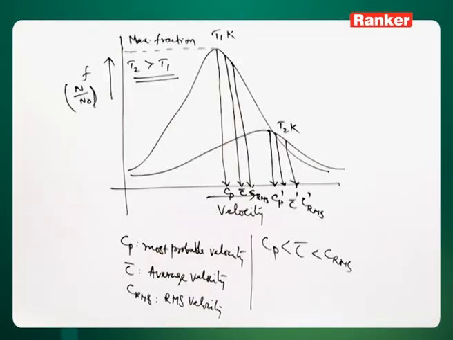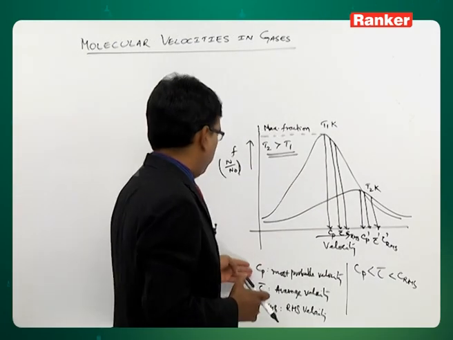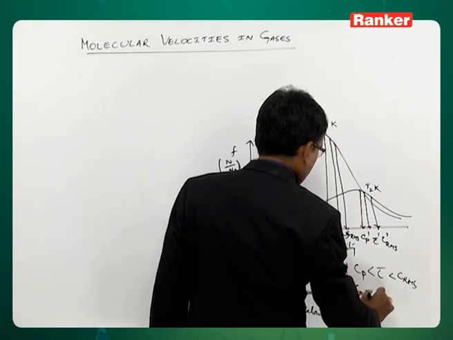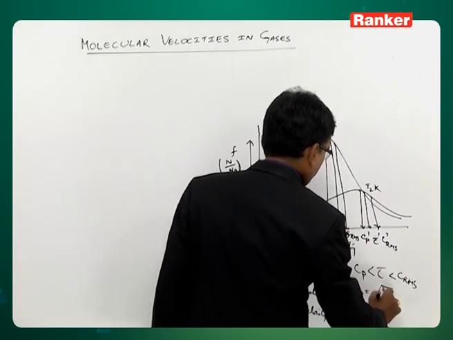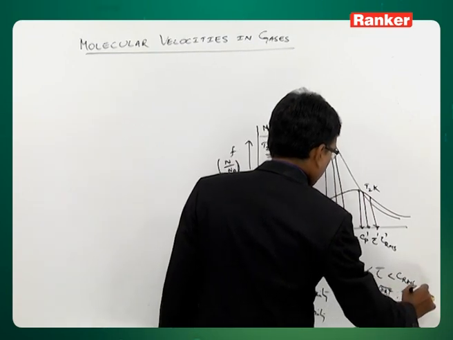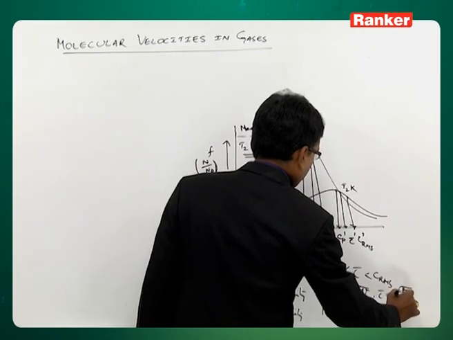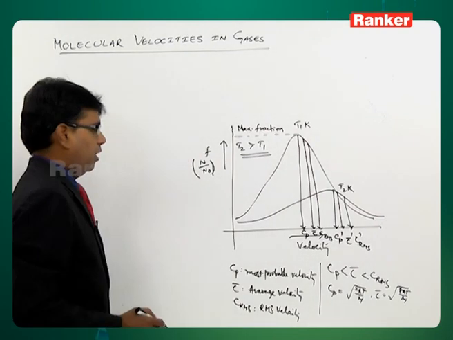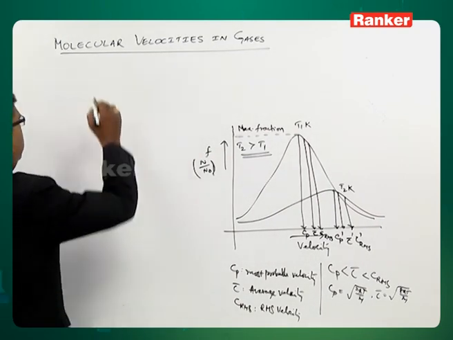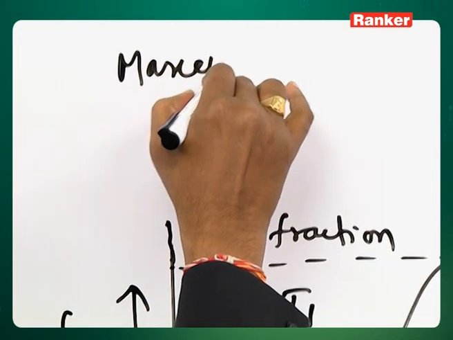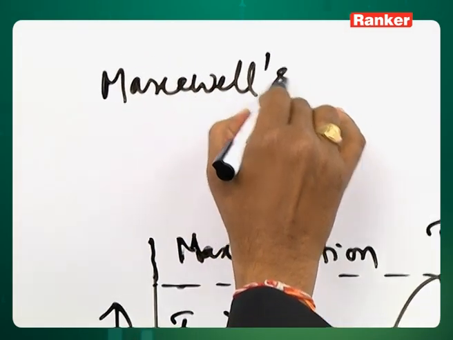Now, this is how we got the molecular velocities: Cp as under root 2RT by M, C bar under root 8RT by pi M, CRMS under root 3RT by M. But this is all actually Maxwell's distribution.